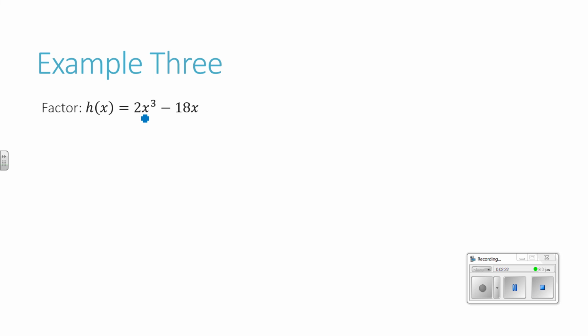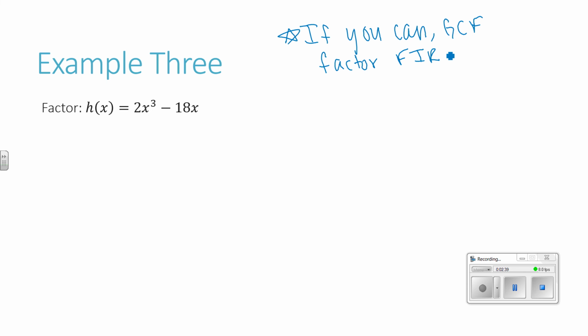Okay, example 3. This one, what I want you to write is, if you can, GCF factor first. So what I want you to notice is that both of these terms are divisible by 2, and both of these terms are divisible by an x because they both have an x.